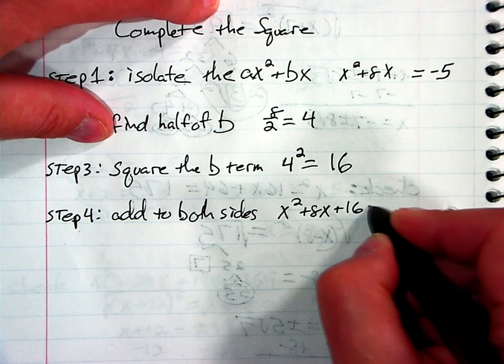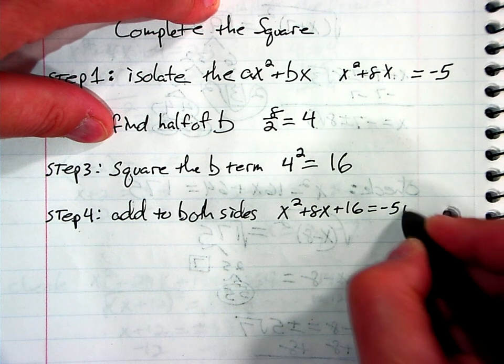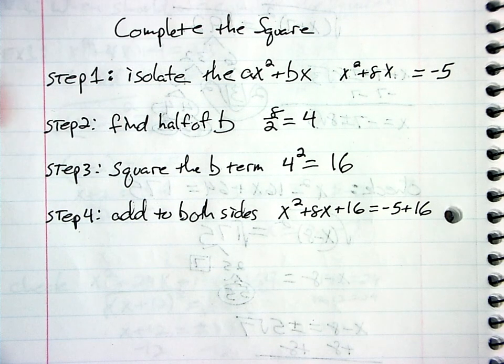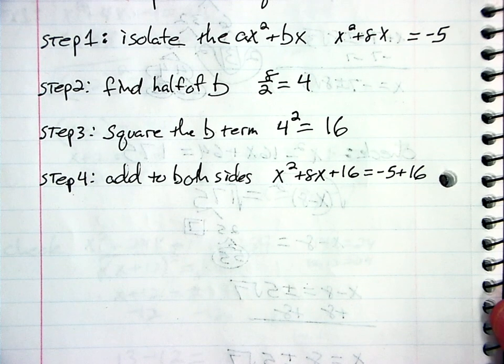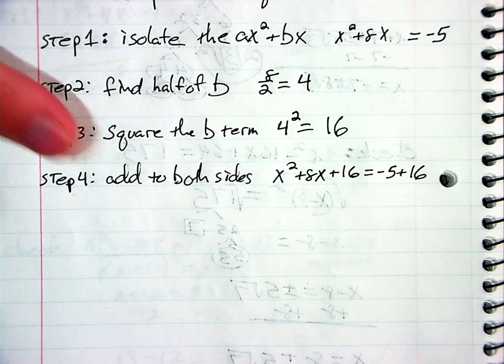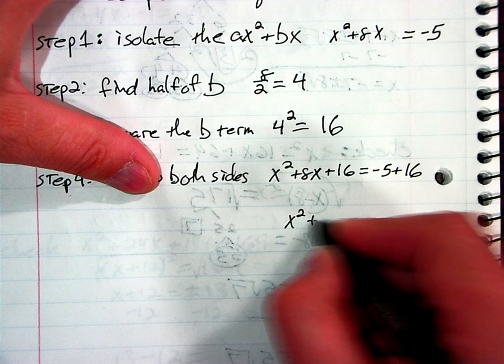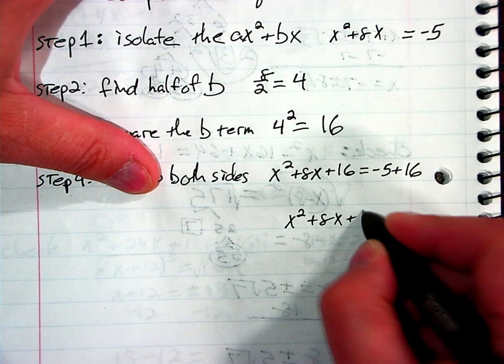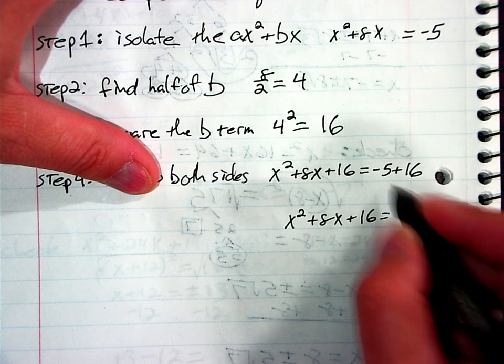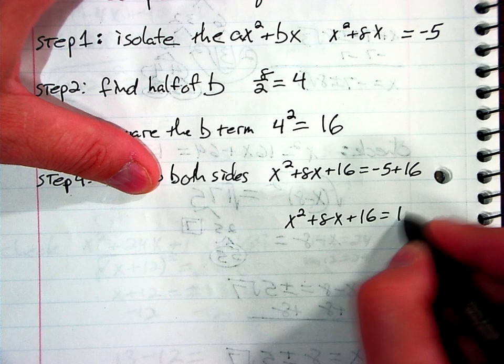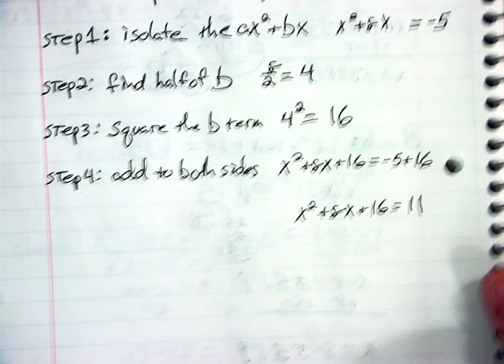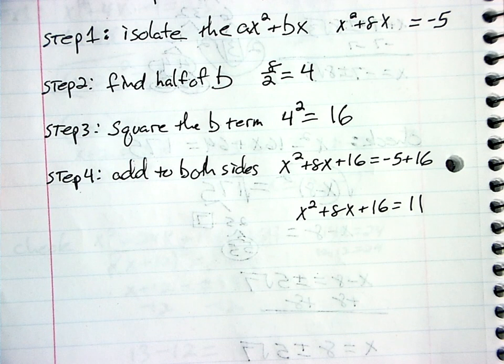So I have to add it to both sides. Yep, because it's half of our b term, half of 8 is 4, and 4 squared is 16. I'm going to combine like terms right here because that's good math to do. Negative 5 plus 16 is 11. So all I did is combine the negative 5 and 16, and we have 1 step left.